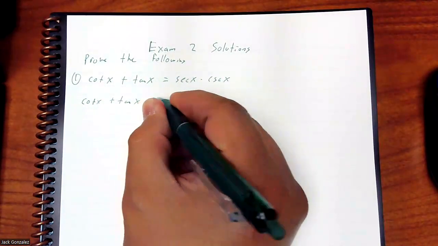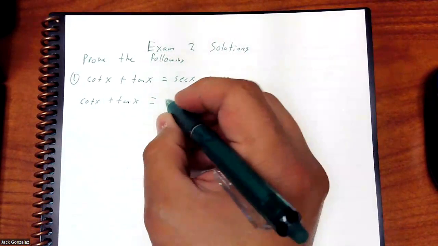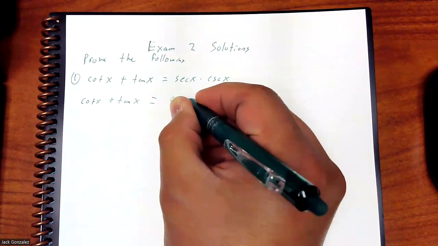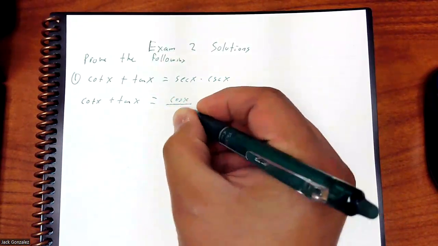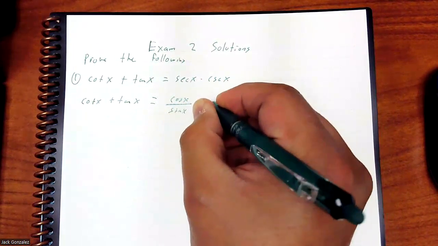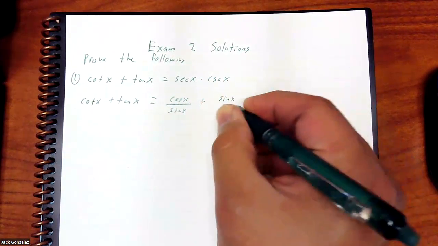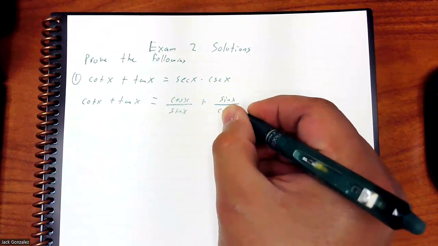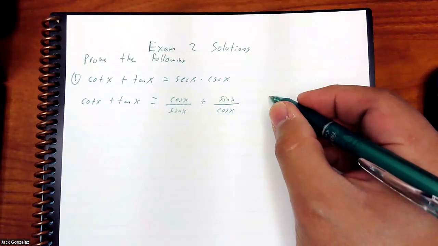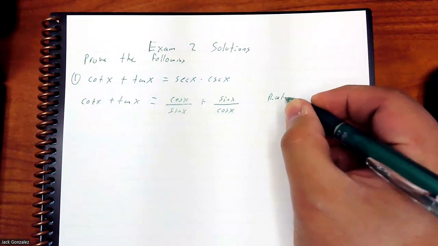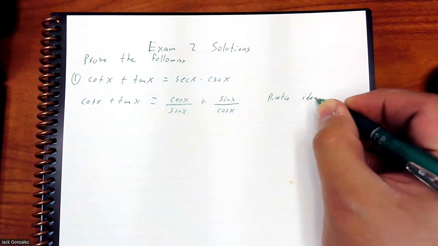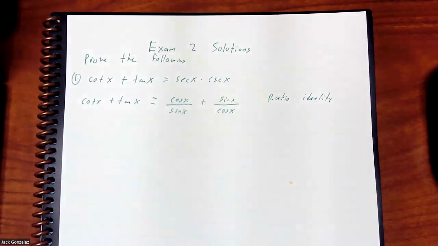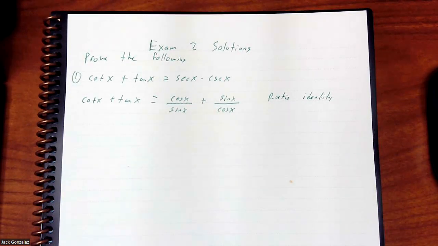So we know using the ratio property, this is going to be cosine x over sine x plus sine x over cosine x. At that point, add the fractions.